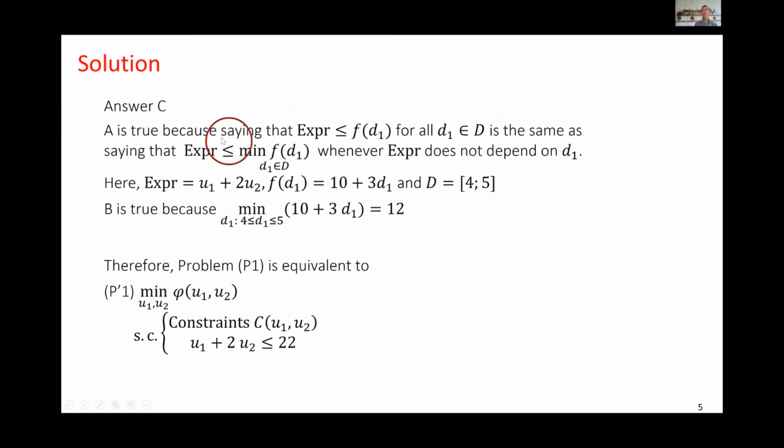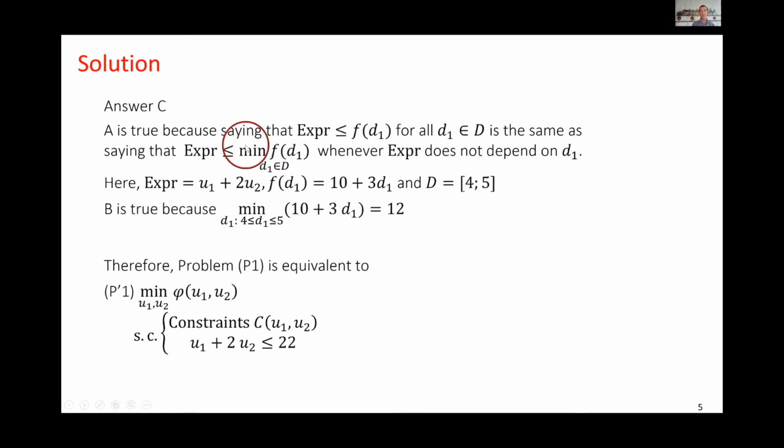And in general, saying that an expression is less than f of D1 for all D1 that belong in some set, as long as the expression does not contain the letter D1, then it's the same as saying that this expression is less than the minimum of this. So we find a link between a constraint with an optimizer and the solution of an auxiliary optimization problem here.